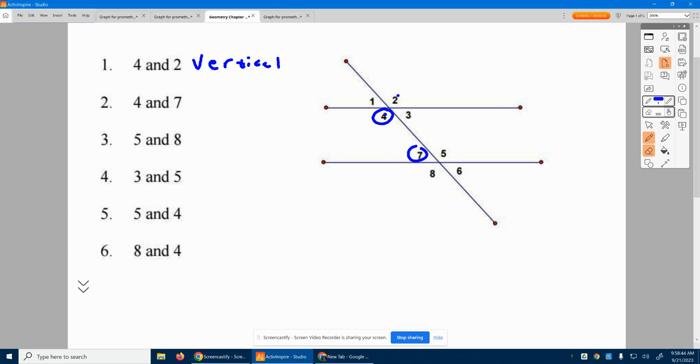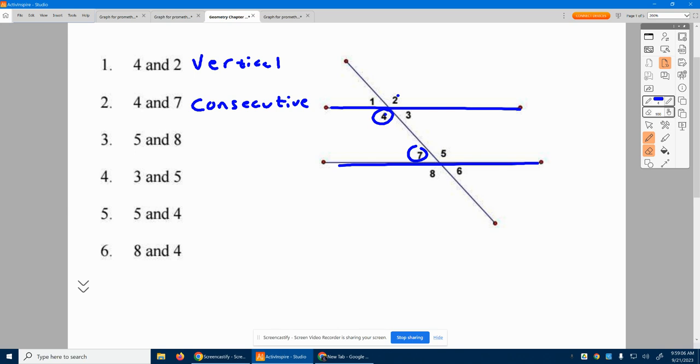What about 4 and 7? Now notice, here's the one line, here's the other line. Those are on the interior, on the inside of that line. So those are interior angles, and they're on the same side of that transversal. Sometimes they're called that in some books, but we in the state of Virginia like to call them consecutive interior angles because they come one right after the other.